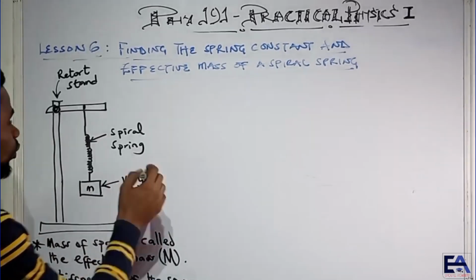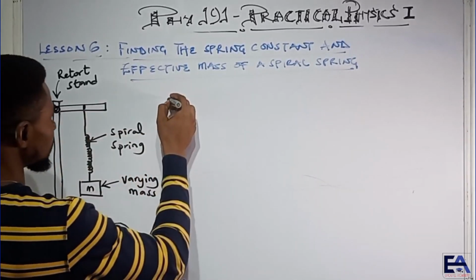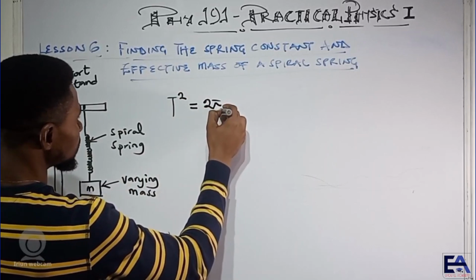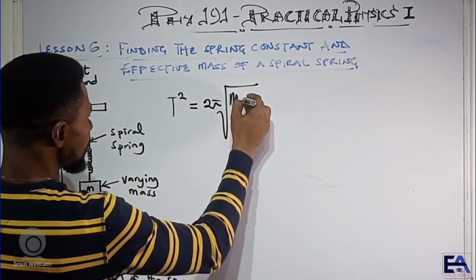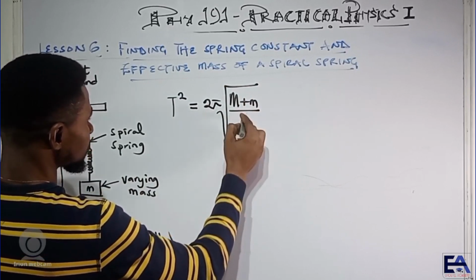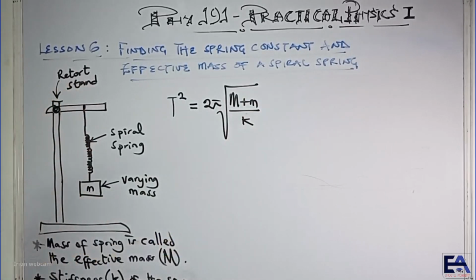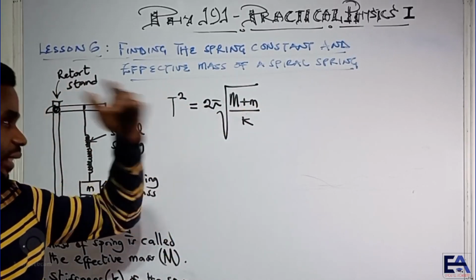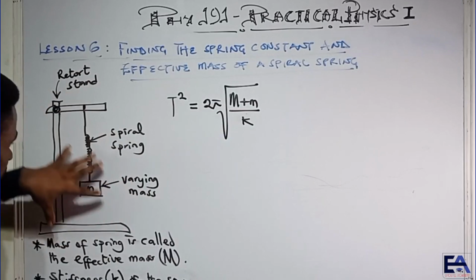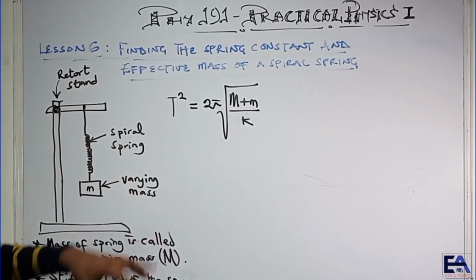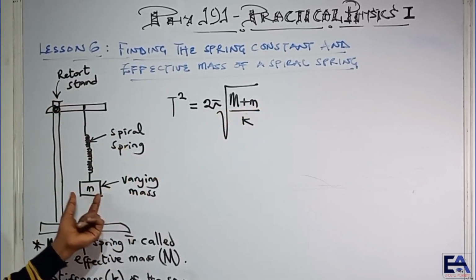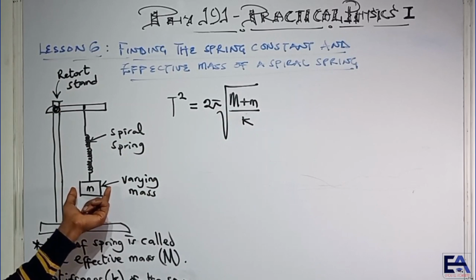The equation surrounding this graph, the period of oscillation, is given as T equals 2 pi root of big M plus small m over K. That is the equation that governs this experiment, where big M is the effective mass of the string and small m is the varying mass, the mass that you keep changing.